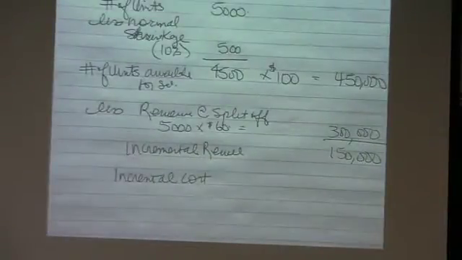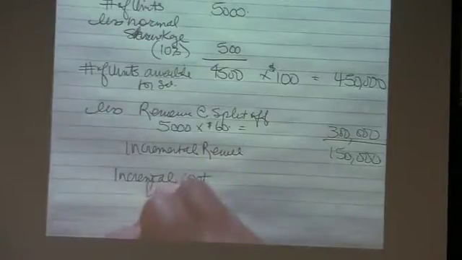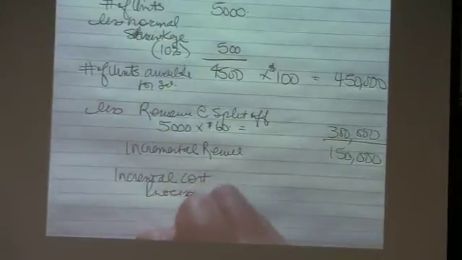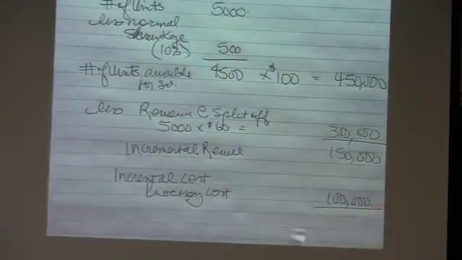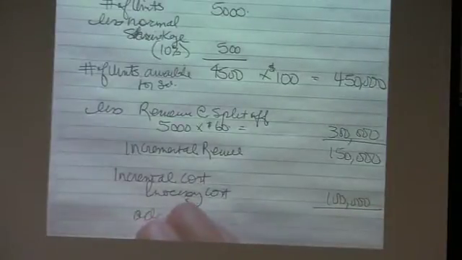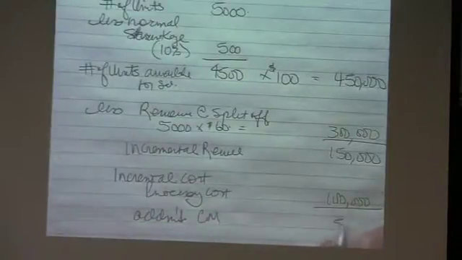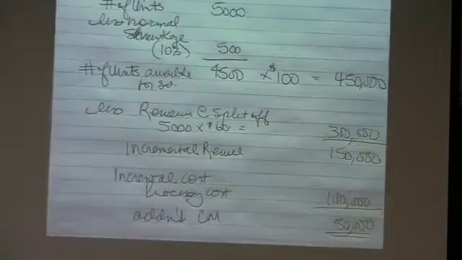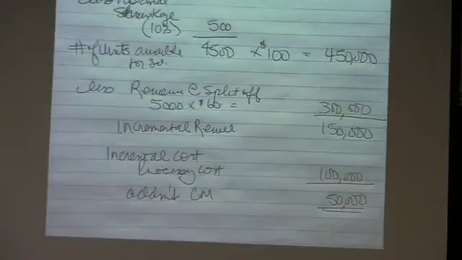So the only incremental cost is the processing it further. So additional contribution margin of 50,000. So the answer is it does make sense to process it further, because by doing so allows us to increase our contribution margin by an extra 50,000.